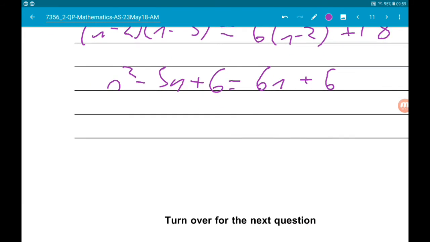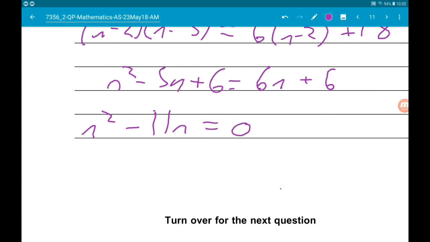So, subtract 6n. That gives us minus 11n. And then, if we subtract 6 from both sides, they both cancel out.